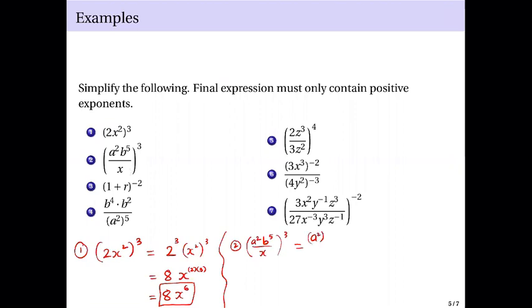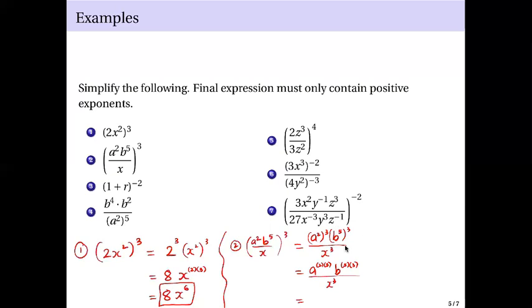You have a squared cube, b to the 5 cube, over x cube. And then here you have a squared cube. You just multiply the exponents. So you will have a to the 2 times 3 here, and then b raised to 5 times 3 here. And of course, x cube, you'll just copy that.